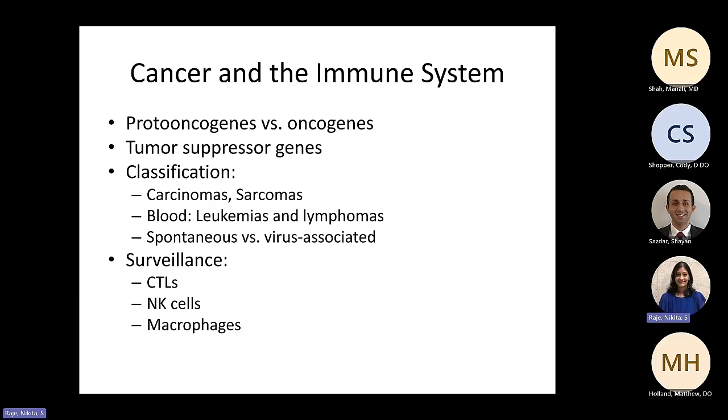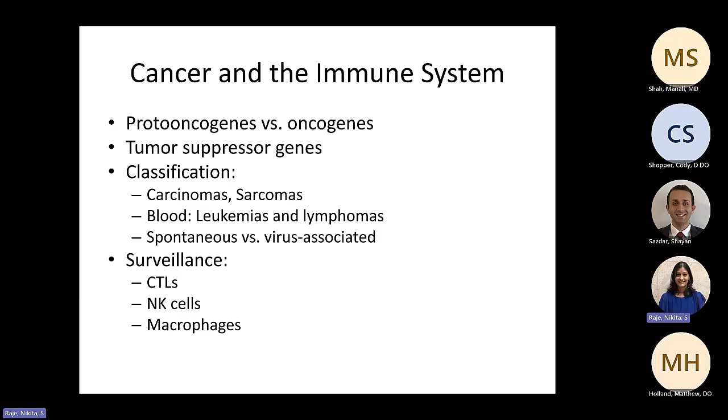Because of a defect in either the suppressor genes or activation of proto-oncogenes, there are various types of cancer that can occur, thinking of carcinomas versus sarcomas, or the solid organ tumors, or the blood cancers like leukemias and lymphomas. And either these can occur spontaneously or they are because of a virus-associated defect that causes the cancer.